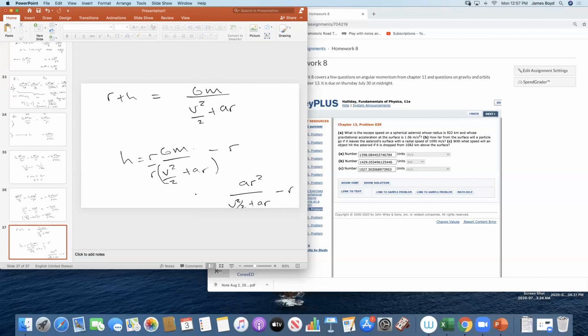Doing that, plugging in these numbers, you could actually even further simplify that, but that's the answer. It's in the homework solution.